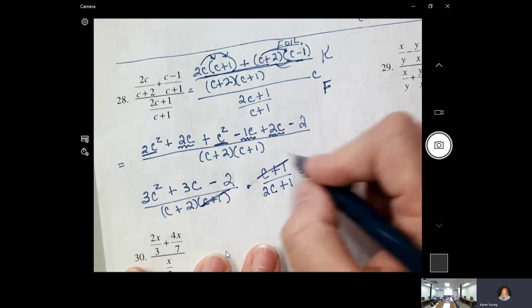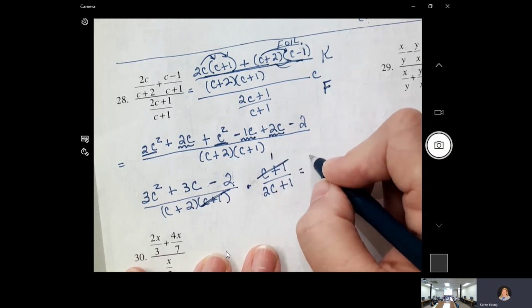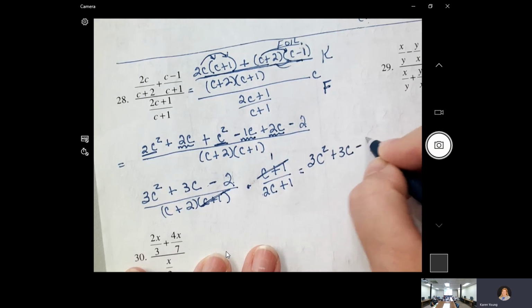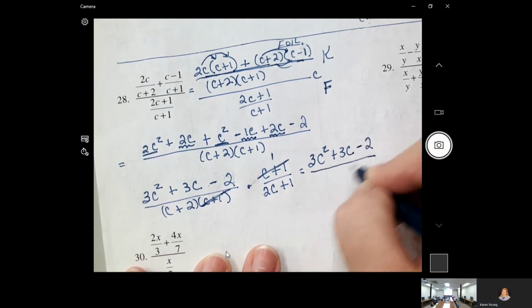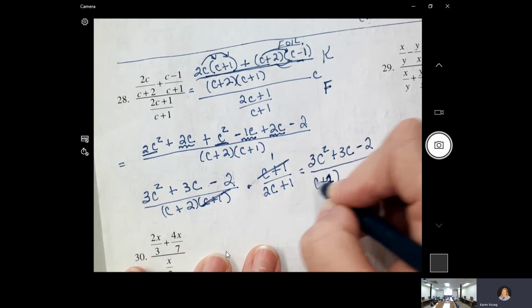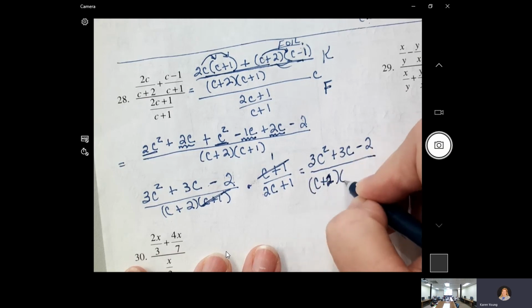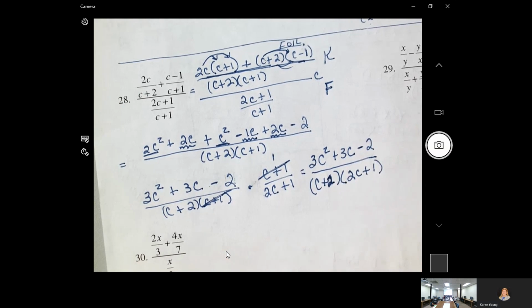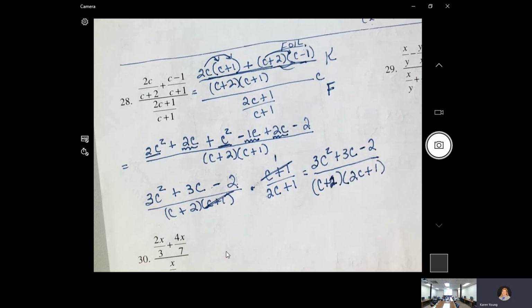I just understood 1, so 3c squared plus 3c minus 2 over c plus 2, not 1, c plus 2, times 2c plus 1. Do I need to factor this top or FOIL the bottom?